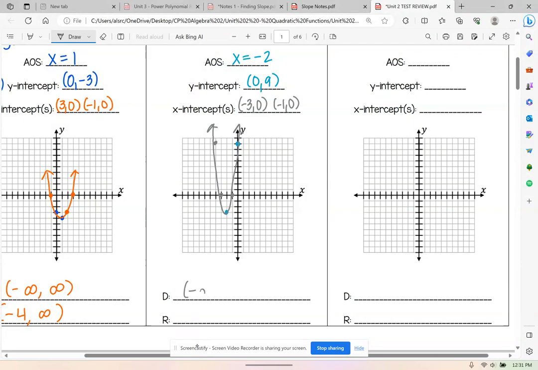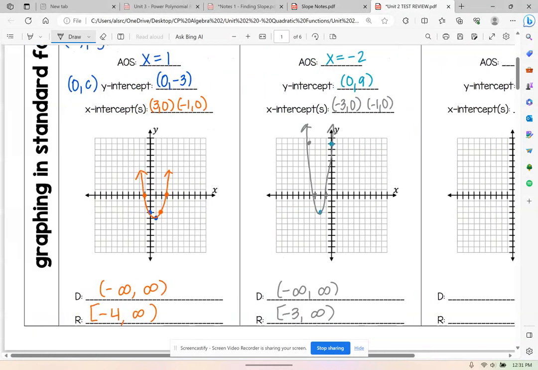Negative infinity to positive infinity. What's my range? Negative 3 to positive infinity. Standard form. There she is. Okay? You'll do the other one for homework tonight.